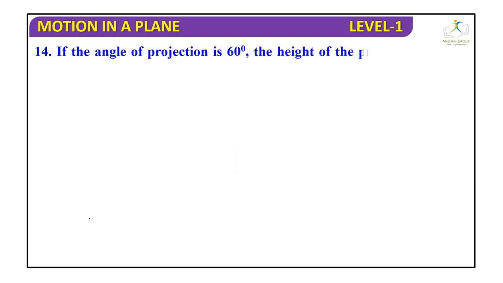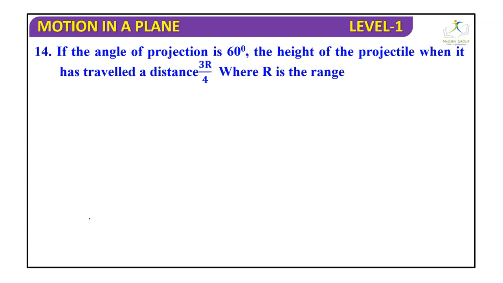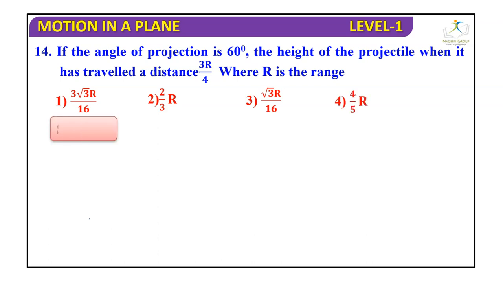Next question we have: if the angle of projection is 60 degree, the height of the projectile when it has traveled a distance 3R by 4, where R is the range, is: 3 root 3 R by 16, 2 by 3 R, root 3 R by 16, or 4 by 5 R. Move to the solution part.